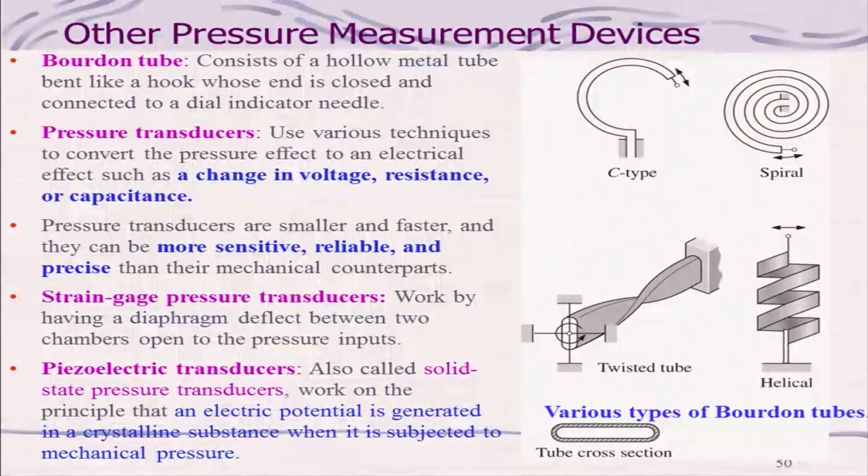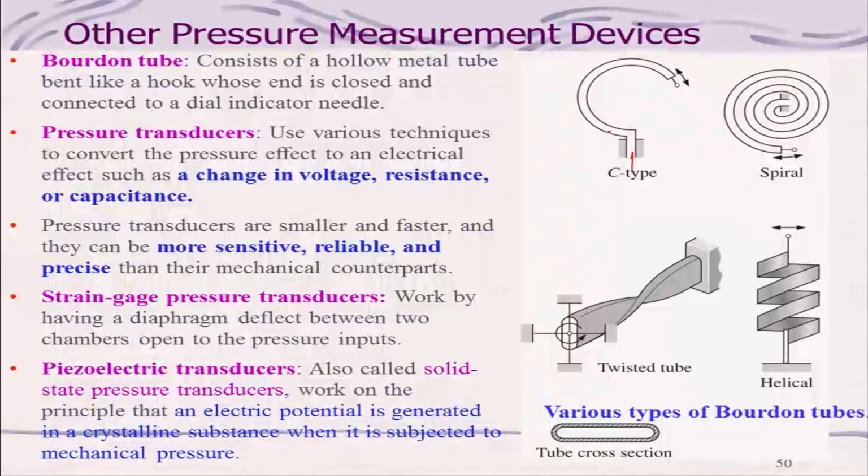And what happens when the pressure, let us say, increases here? What happens to the tube? The tube has a rectangular or elliptical cross section, you can say here. It is not circular.